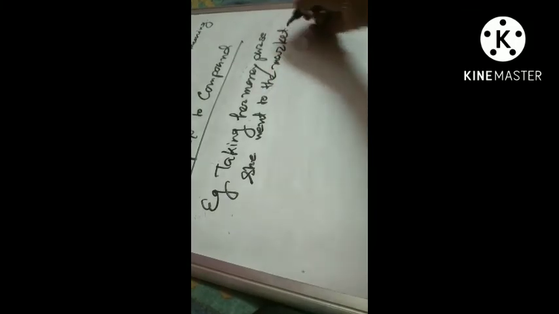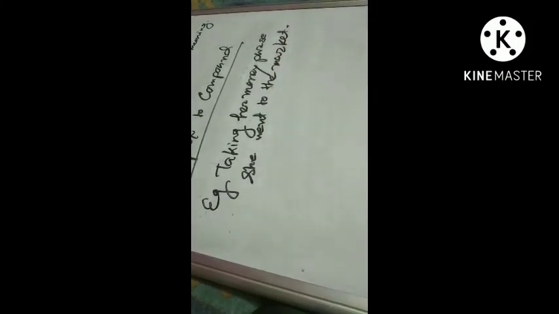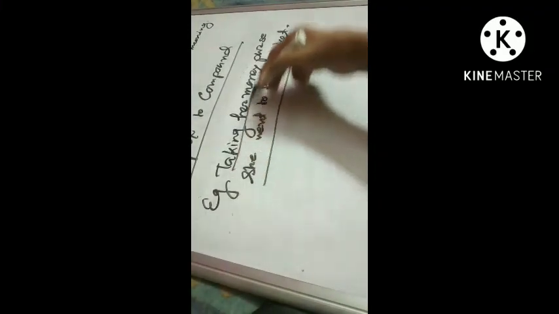So it is a complex sentence. She went to the market is an independent clause, and taking her money purse is a dependent clause.